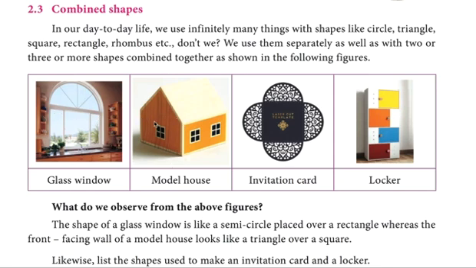Here also it is a rectangle, and this is a triangle. And here, see the semicircles, four semicircles, and in between it appears like a square, right?